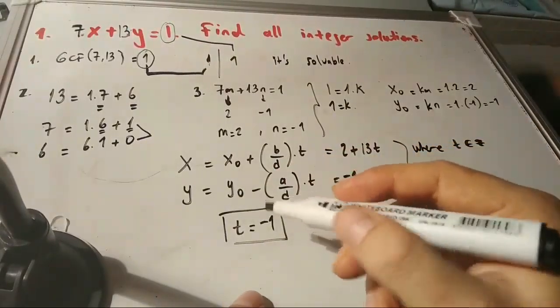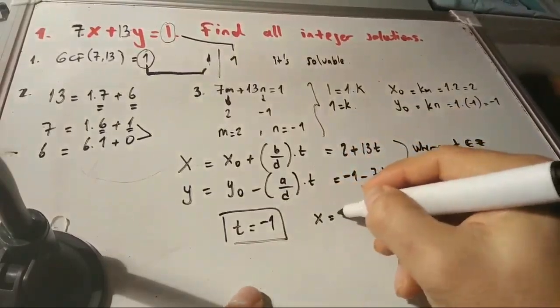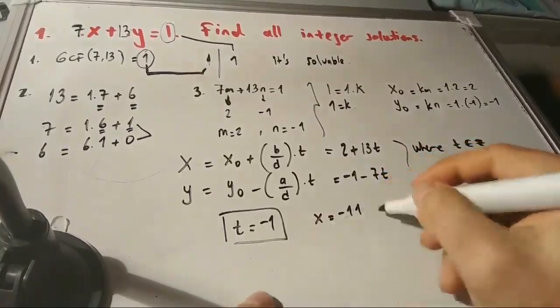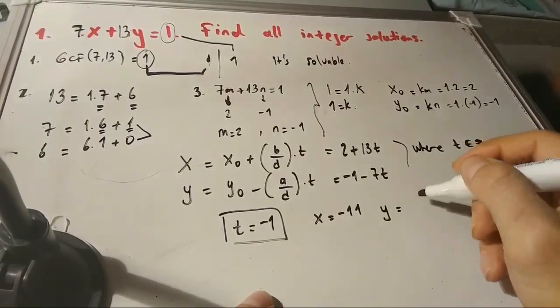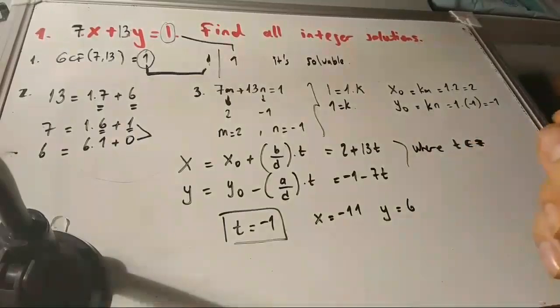If t is negative 1, x is negative 11, and y is 6.